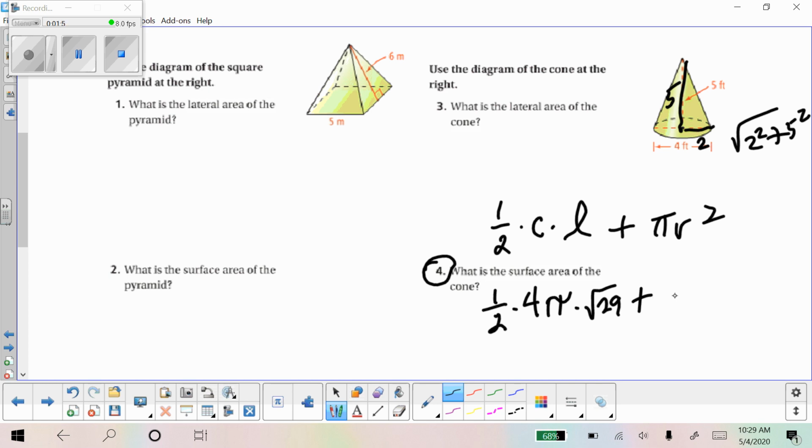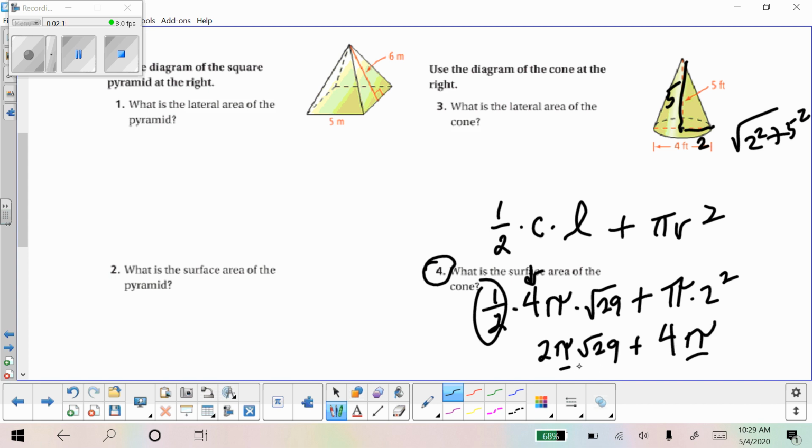And then we're going to add the area of the base, which is just pi r squared, which is pi times 2 squared. And then we're going to simplify this as much as we can. 1/2 times 4 is 2 pi times the square root of 29 plus 4 pi.